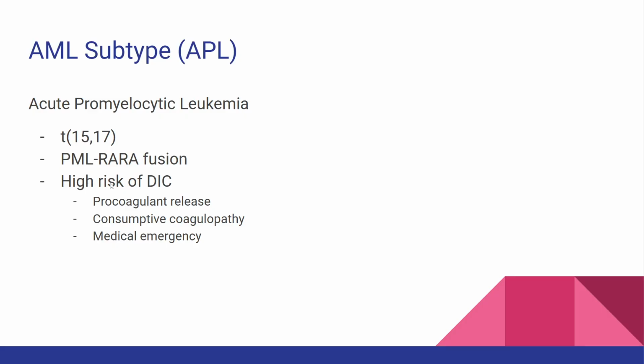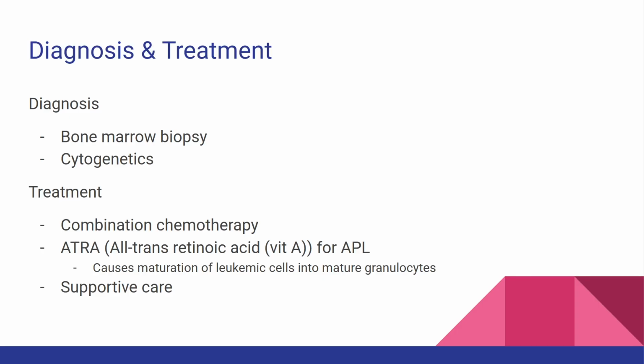There is a high risk of DIC, and the reason why APL causes DIC is because abnormal promyelocytes release procoagulant substances, which can activate the coagulation cascade, which is going to lead to DIC. And once you have DIC, that's a medical emergency. Your chances of surviving it are not the highest.